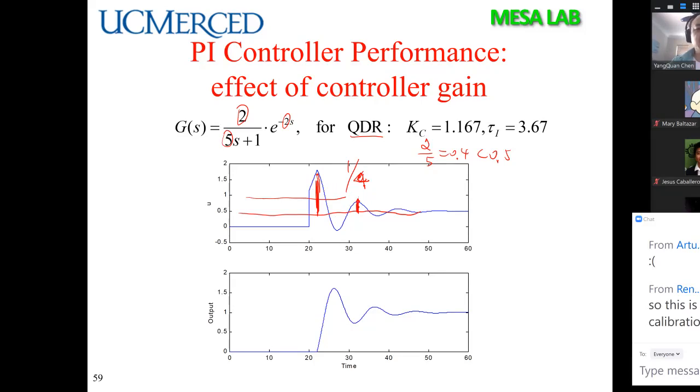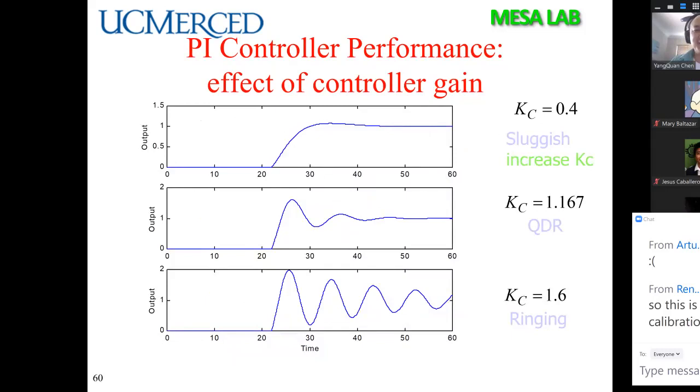So in this case, we designed a system, and you can see the performance is good. Sorry, I should mark this on the Y, not on the U. This one divided by this one is 4 or greater than 4.